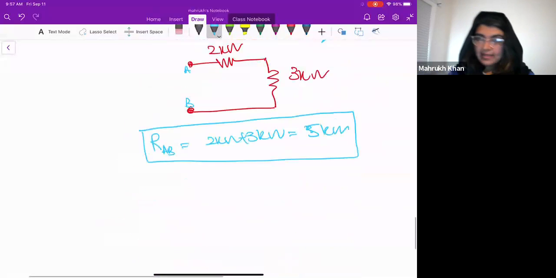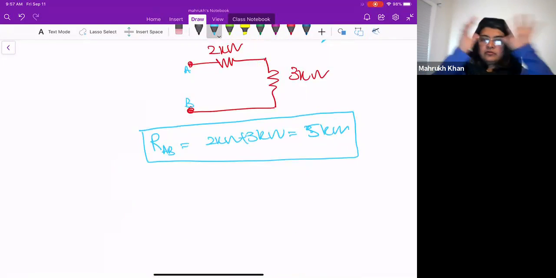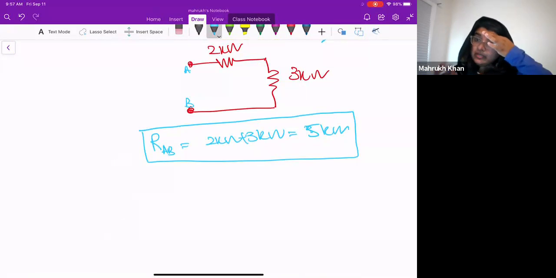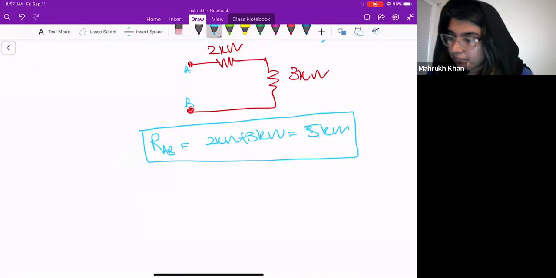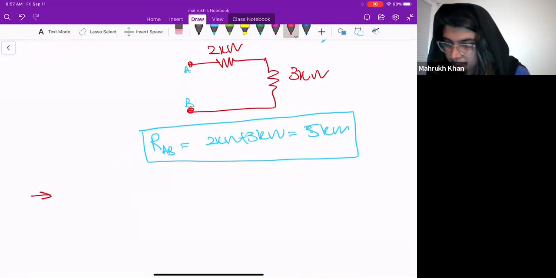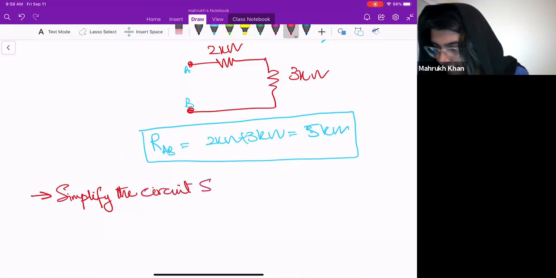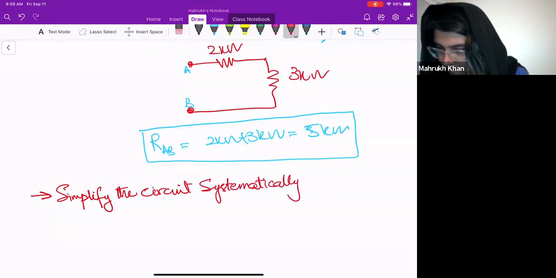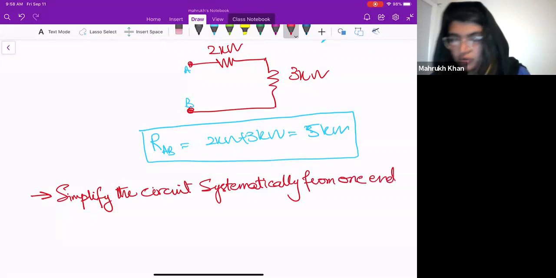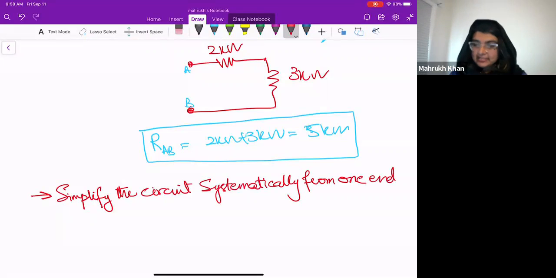So how we went through the whole process, there are two things we took care of. We started from one end, right? We did not tackle multiple ends at the same time.